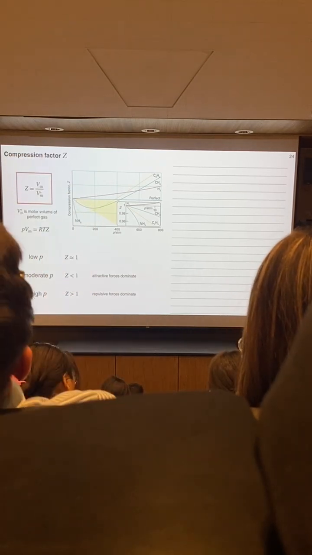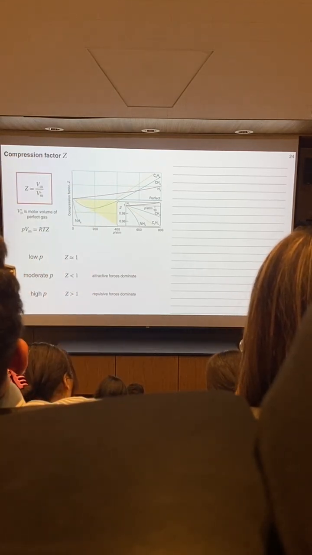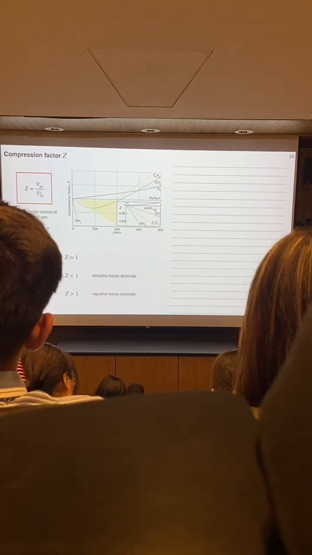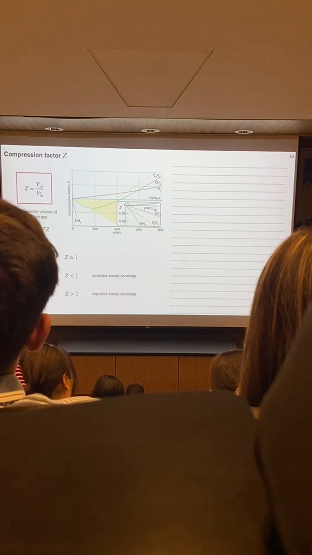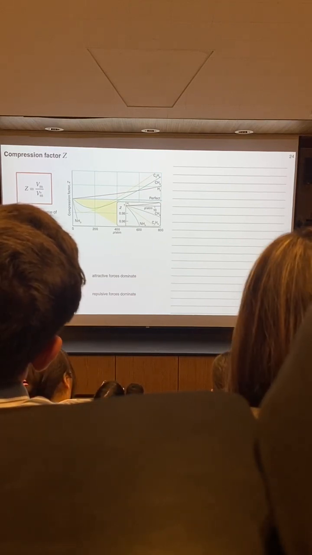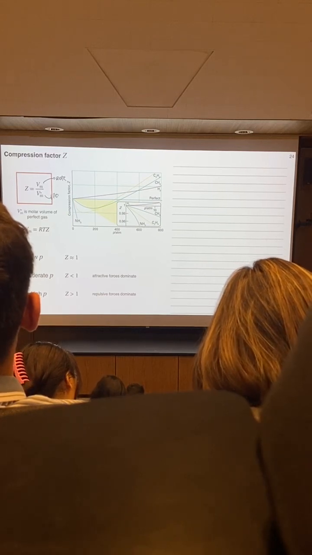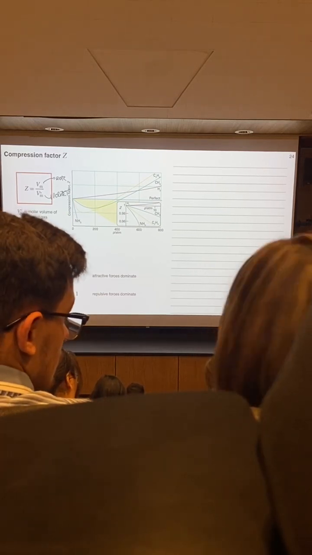We're going to call this thing Z, and we'll just say it's the ratio of the molar volume of the actual gas, the real gas, divided by the molar volume of a perfect gas. So top is for real, bottom here is for a perfect gas.